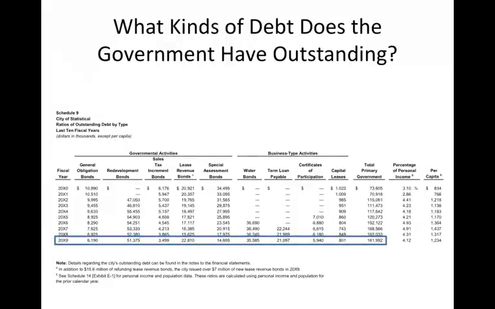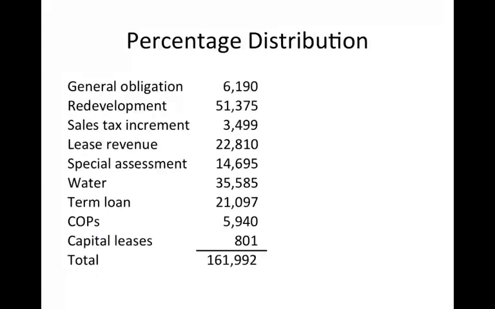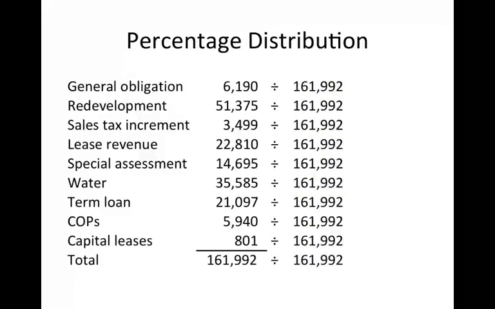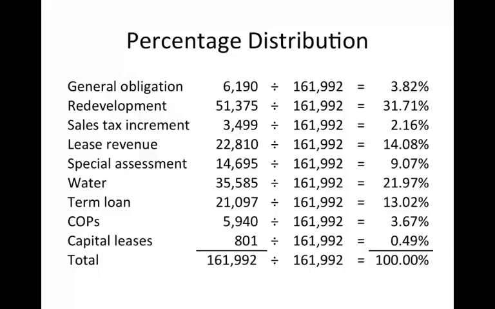You can, initially in your analysis, do some percentage changes. Here, looking at the most recent year in this schedule, these are the various debt instruments that this government has. It's a fairly diverse portfolio of debt. You divide each of them by the total debt outstanding, and you get your percentage distribution. And you can see for this government, general obligation debt is actually really small.